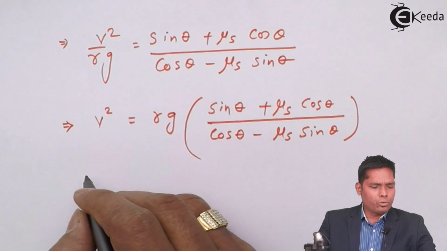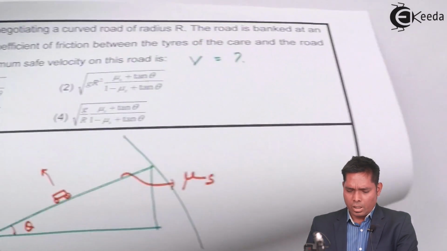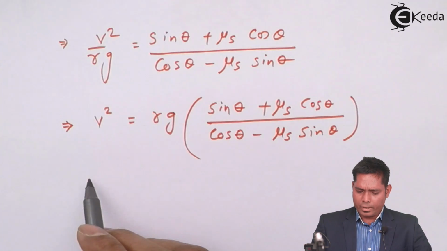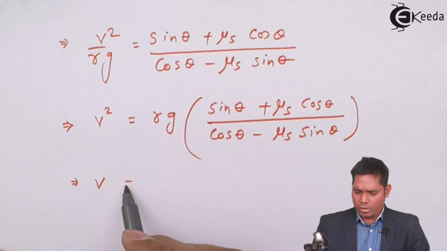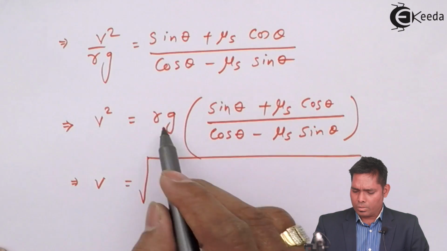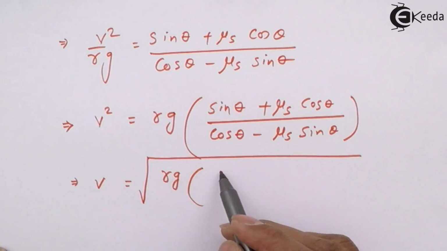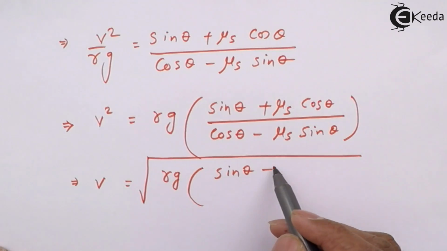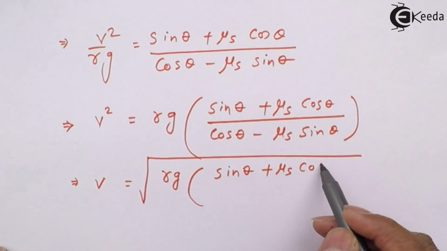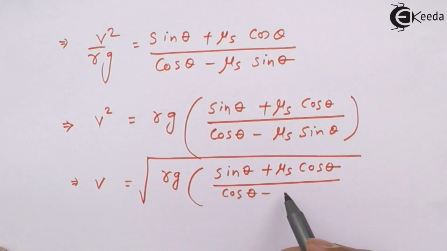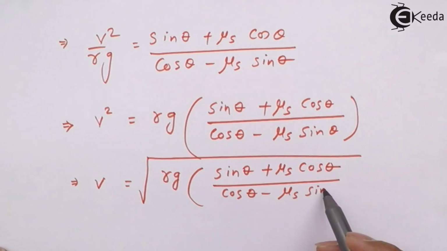And if you see the options, it is under root of everything because v is required. So v is the under root of rg bracket sin theta plus mu s cos theta divided by cos theta minus mu s sin theta.